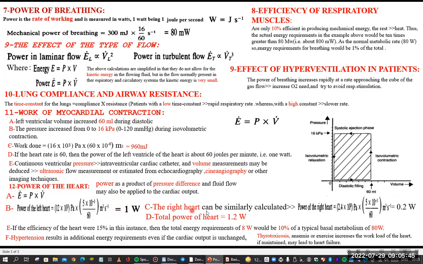You see, we can also estimate the power of the right ventricle. Knowing that the pulmonary artery pressure is 0.2, 0.4, we can yield 0.2 watt. So the total power of the heart will yield 1.2 watt.